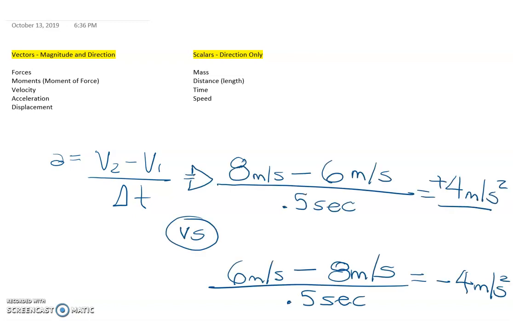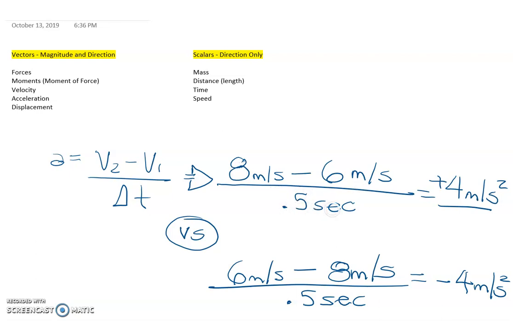For example, if we have a velocity of 6 meters per second, and then we go eventually at a velocity of 8 meters per second, and that happened within 0.5 seconds.